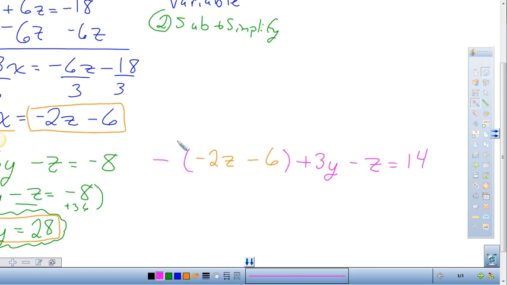So again, I'm just going to distribute the negative. Remember, it's a negative 1 there. So that gives me 2z plus 6 plus 3y minus z equals 14. Again, combining like terms.